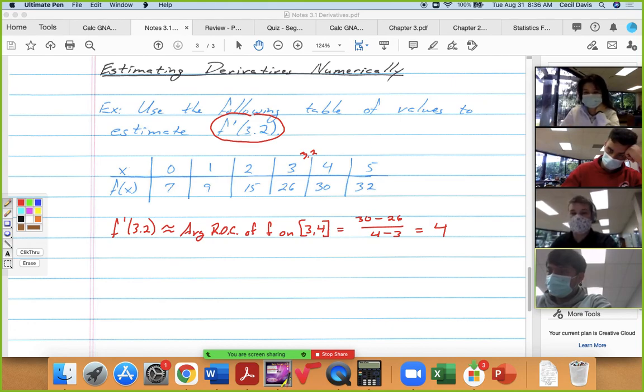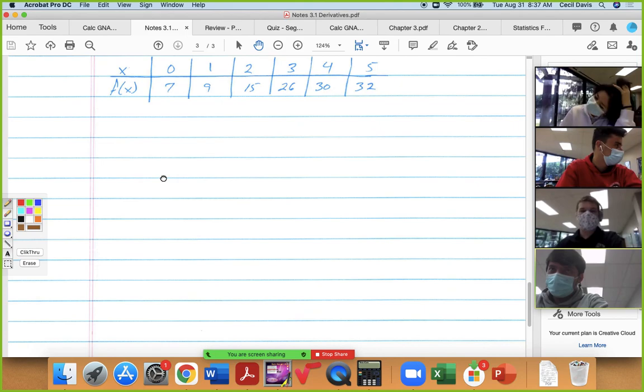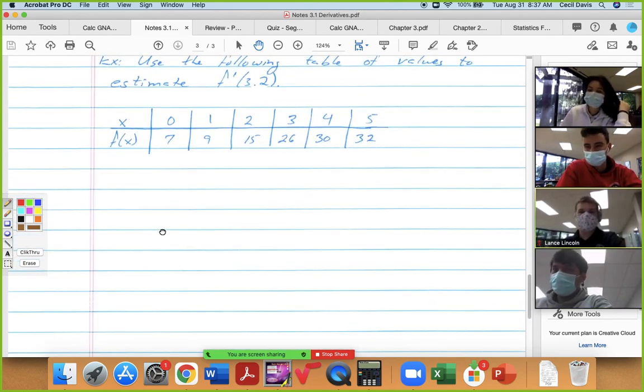Am I confident that that derivative is actually equal to 4? No. But it'll be somewhere in the neighborhood. It's not going to be negative 17. Okay? Any questions?